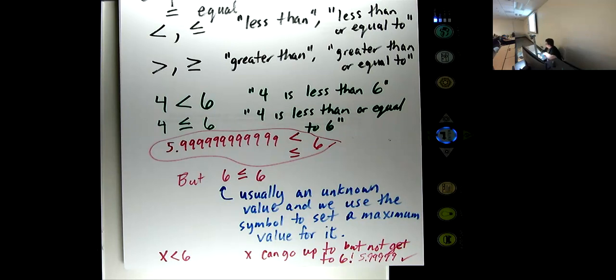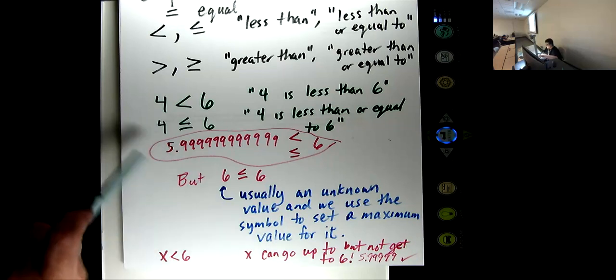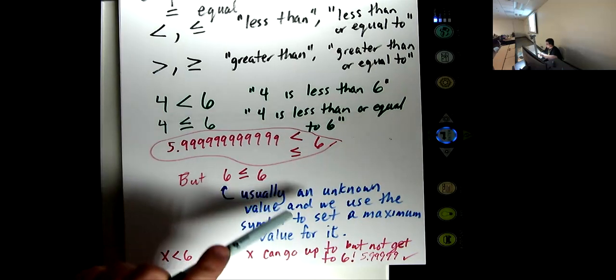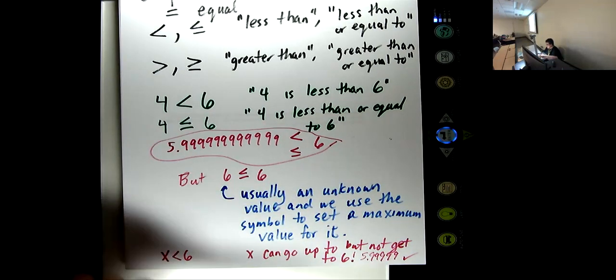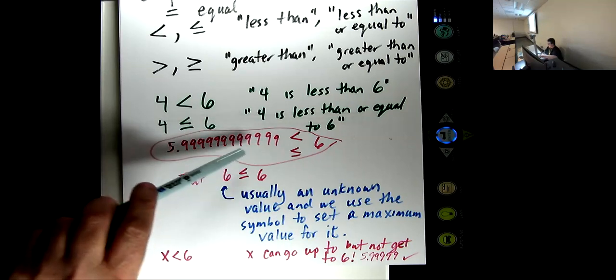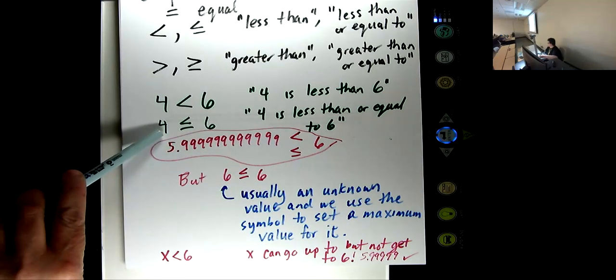Now, one of the things students struggle with a lot is remembering which symbol goes with which. The best way I can recommend doing it is writing down 2 numbers that you know and reading it from left to right. Put the symbol in that works correctly. A lot of times students will say 4 is greater than 6.